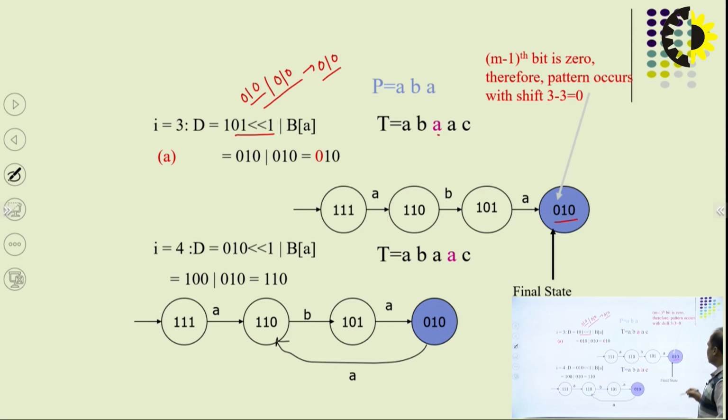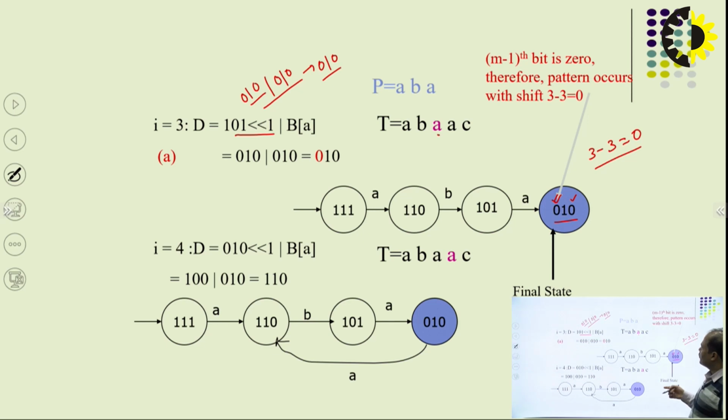As I said, if after reaching this the bit is 0, this means that the pattern is found in the text. We got 3 steps, its length is 3, its shift will be 0. The valid shift will remain the same. This is giving another piece of information, right? If we look here, this is also 0 and the first bit is also 0.